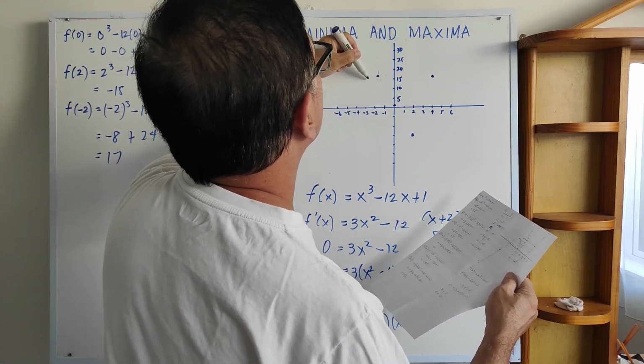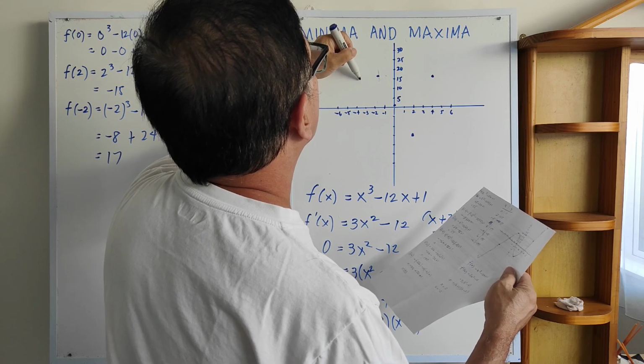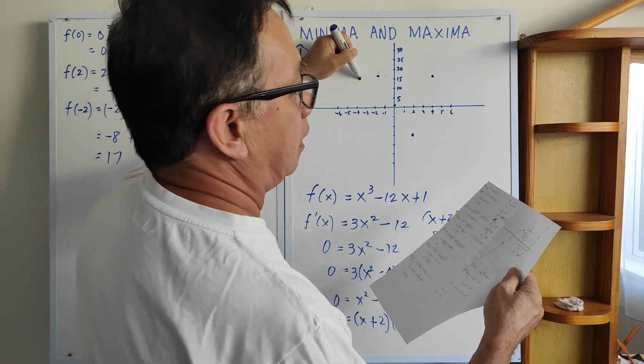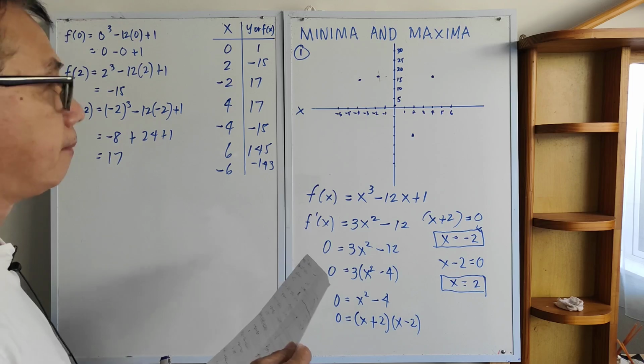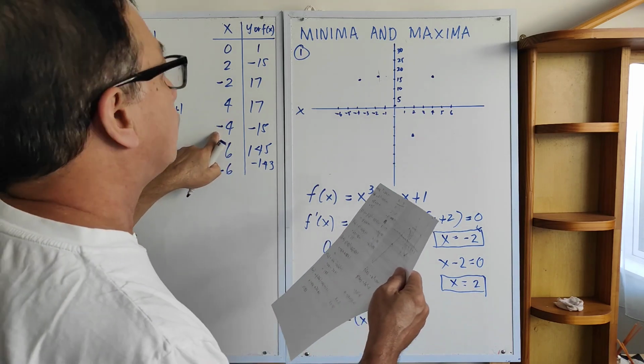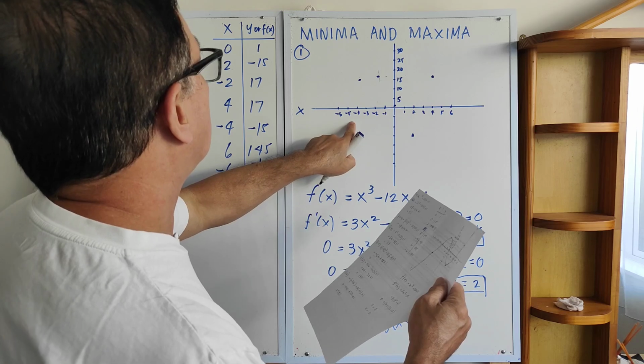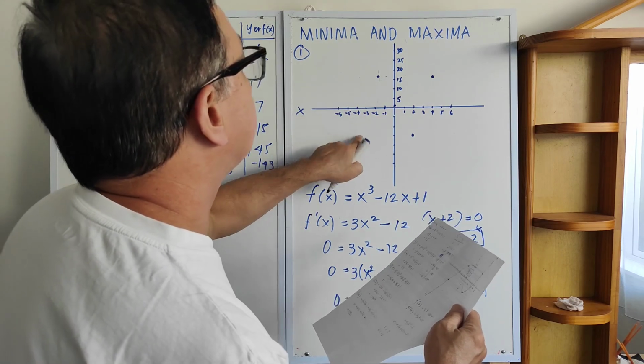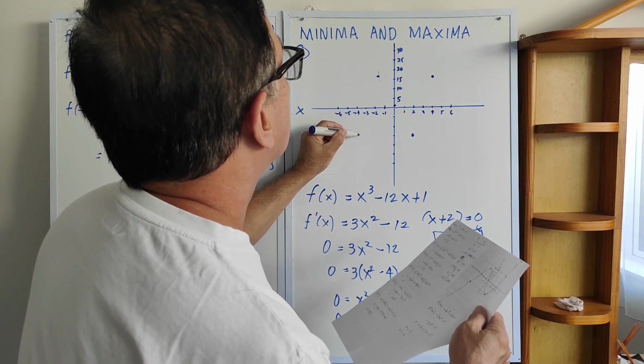Okay, so slightly lower than that one. It's here. Negative 4 is negative 15, it's in the bottom, sorry.